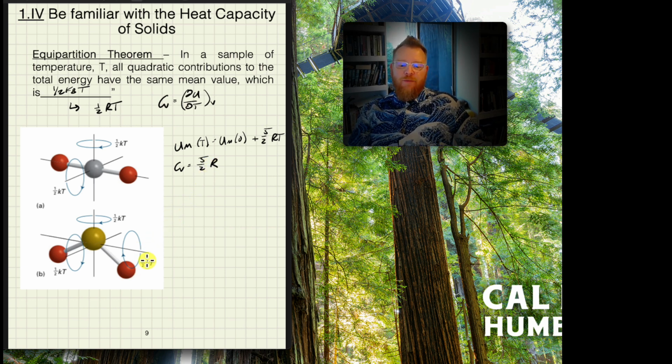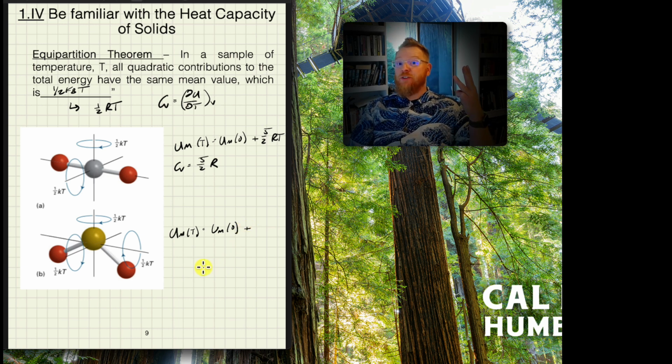And now, if you recall with this non-linear molecule, the internal energy goes as the following. Let's write that again, that was a little sloppy. UM at 0 Kelvin. And then we still have our 3 translational degrees of freedom to give us 1/2, 1/2, 1/2.